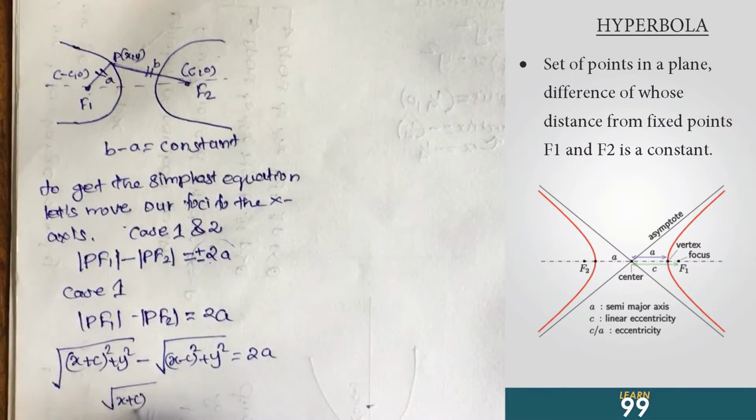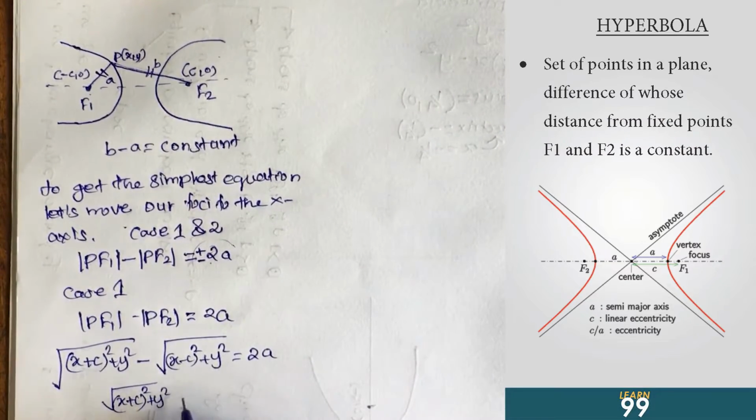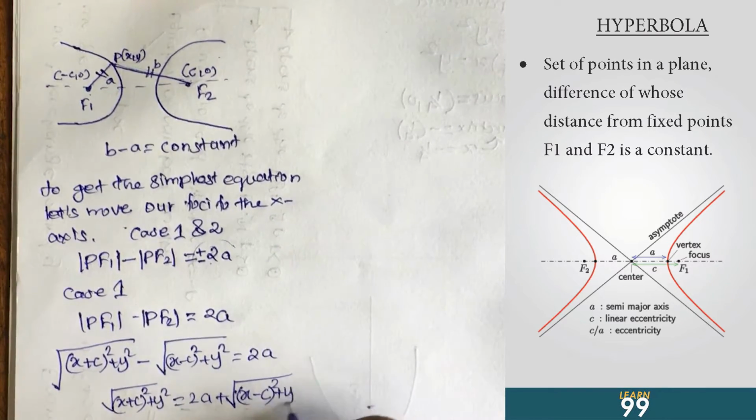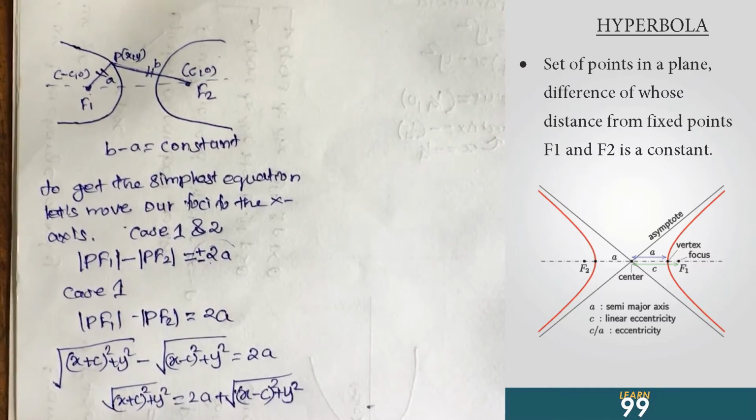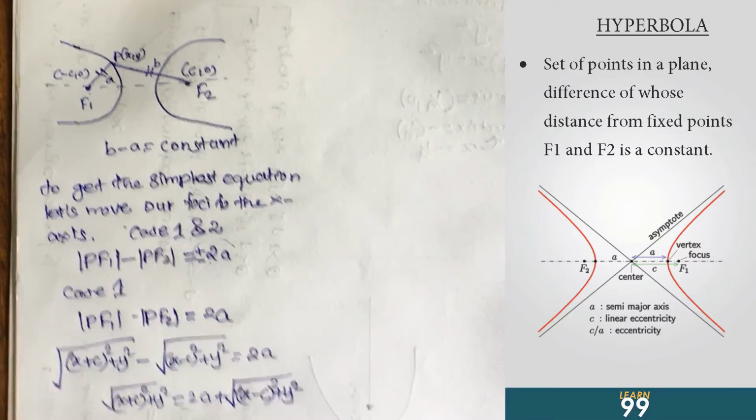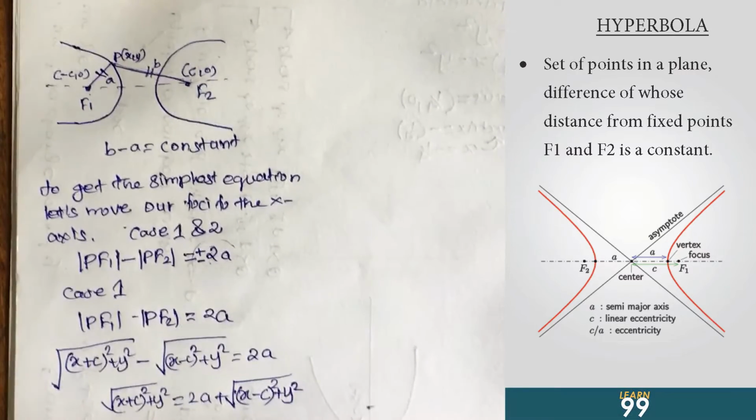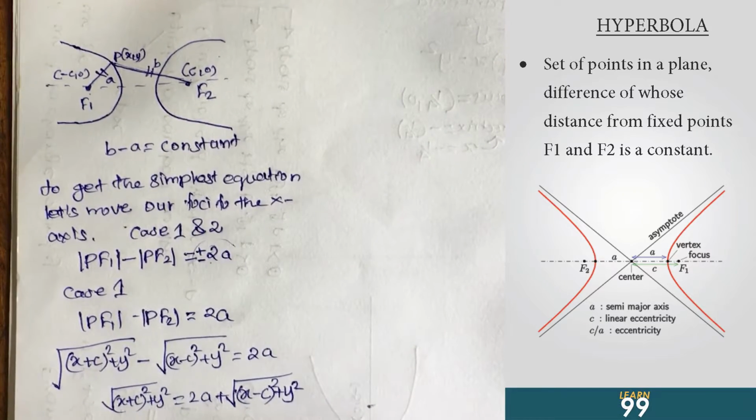substitute our values x, y. So we will get the square root of (x plus c) all squared plus y squared, minus the square root of (x minus c) all squared plus y squared, equal to 2a. As we did in the ellipse, here also we have to take one square root to the right side.